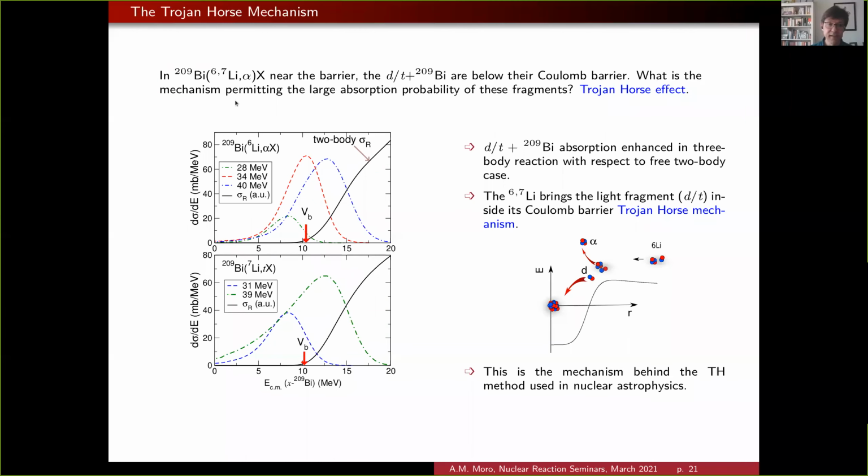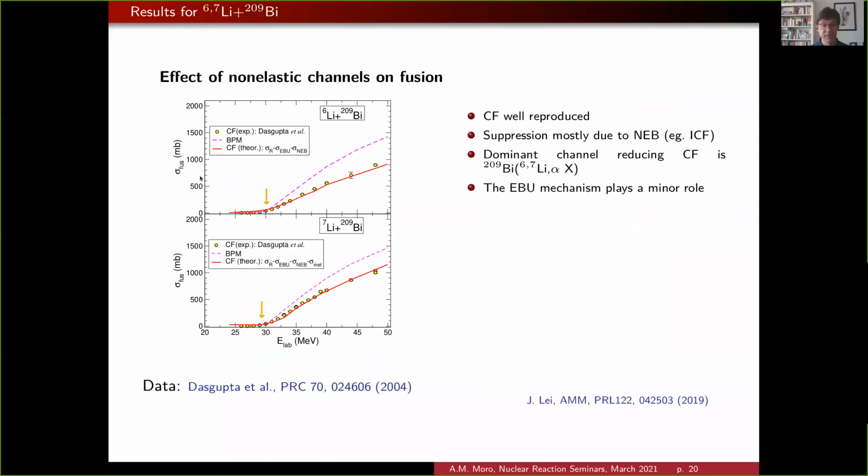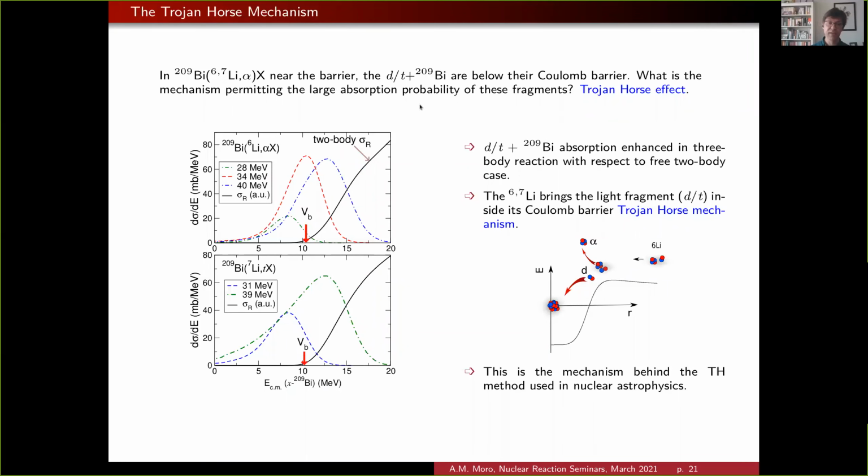One interesting thing is that at these incident energies, if one computes the energy of the light fragment, the deuteron or the triton, with lithium-6 and lithium-7, this energy is very small. It's actually below the Coulomb barrier for this particle, for the reaction.